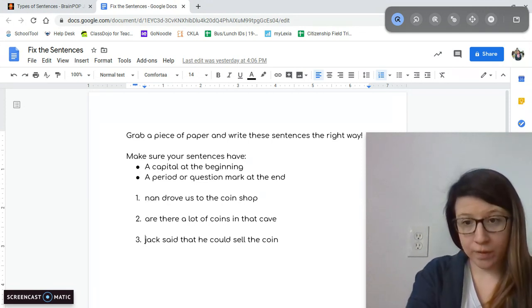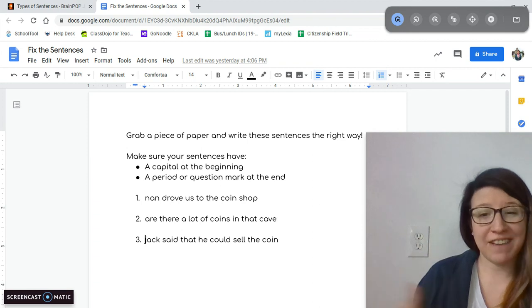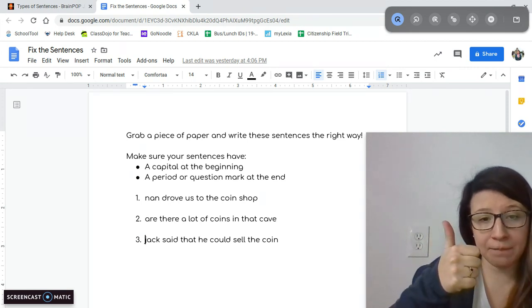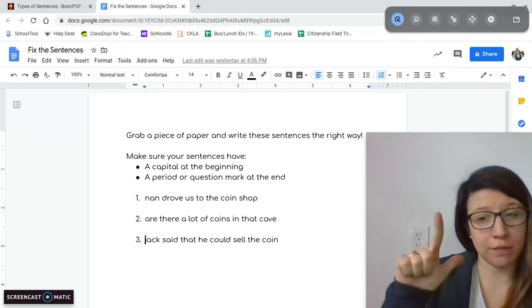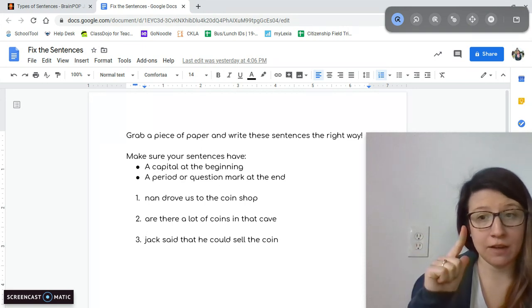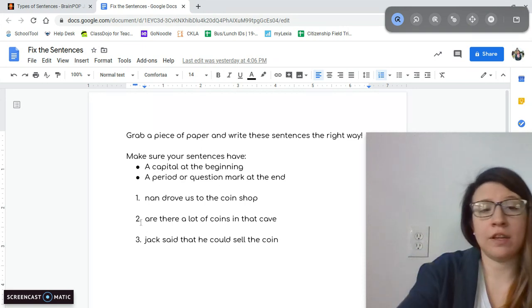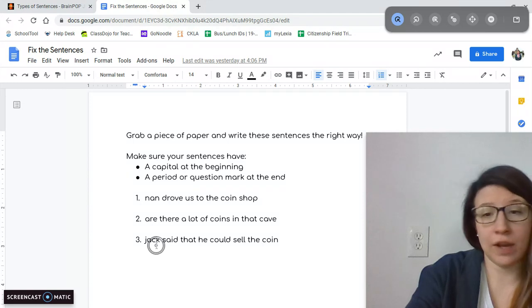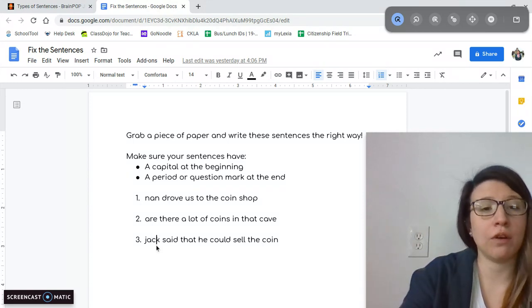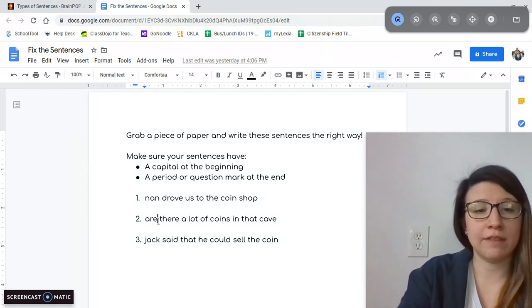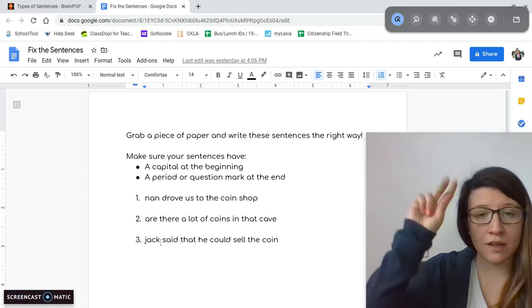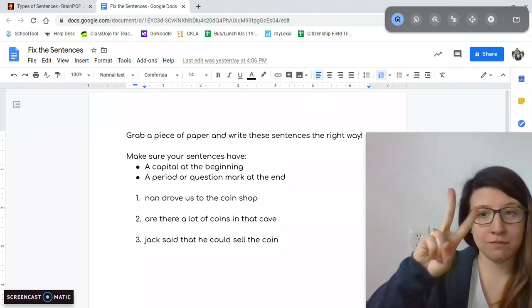I need you to write them out, fixing it so there's a capital at the beginning and a period or a question mark at the end. You need to decide. So you're going to get your own piece of paper and you're going to rewrite these sentences. So you're not going to type them out. You're going to write them on your own, practice your handwriting. These 3 sentences, capital at the beginning, period or question mark at the end.